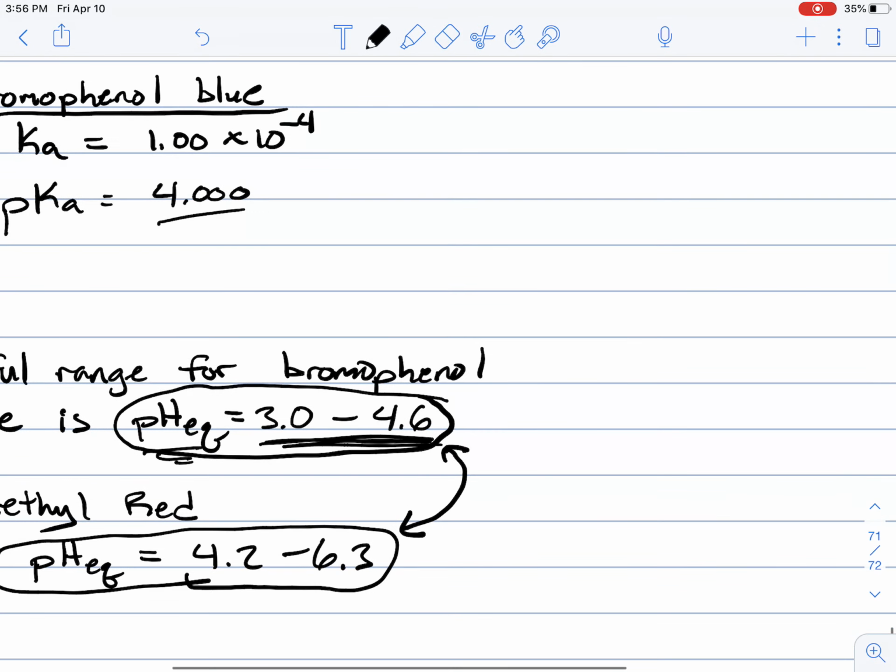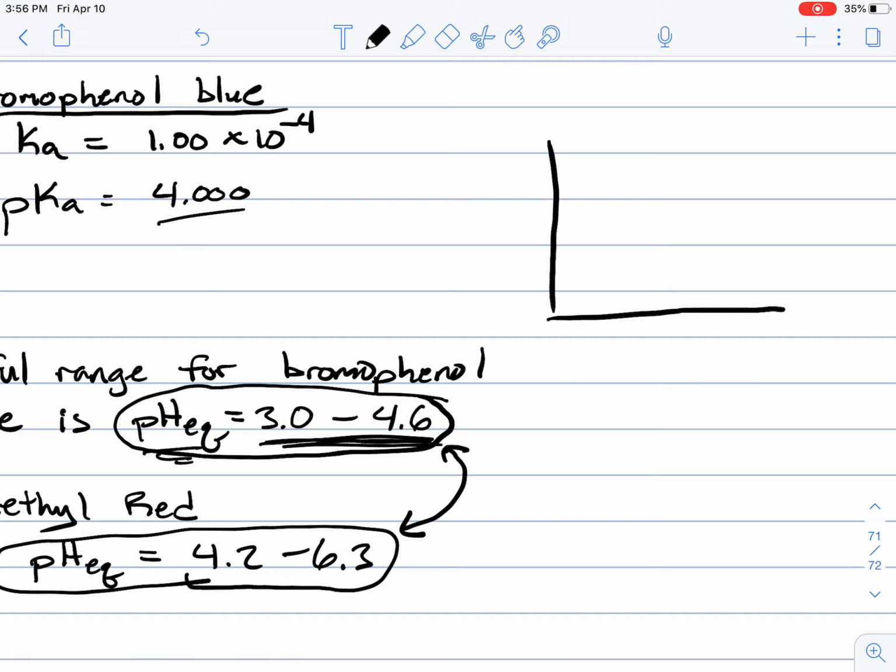And so what type of analyte do you think our substance will be if the pH at the equivalence point is less than 7? Do you think the analyte is a strong acid, strong base, weak acid, or weak base?